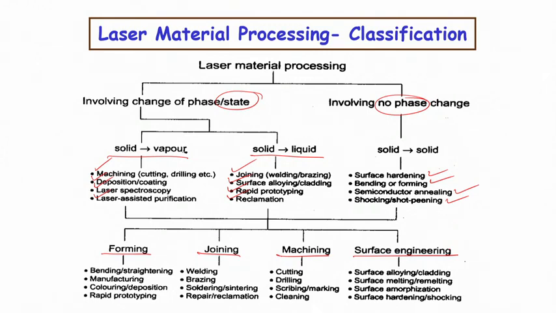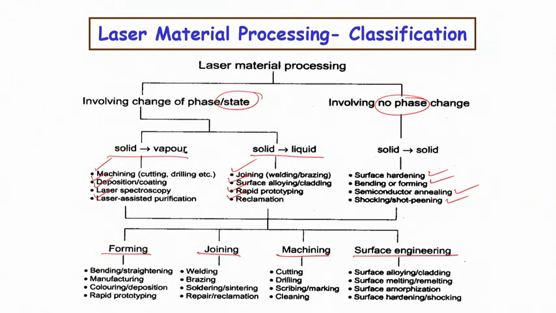By forming, you mean bending or straightening or manufacturing of components, parts, shapes, coloring, deposition, rapid prototyping, or direct manufacturing. In terms of joining, you can think of welding, brazing, soldering, or sintering, even various forms of reclamation, refurbishment.